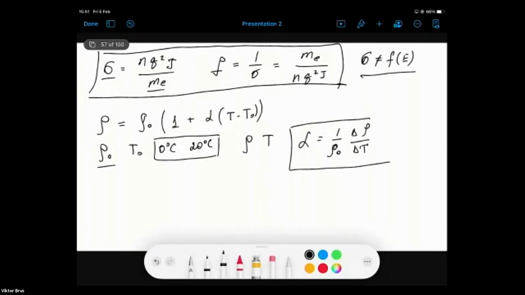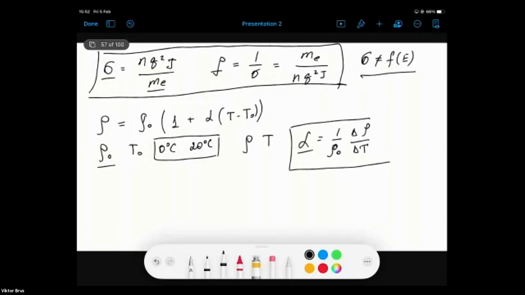Usually it is independent of temperature. If it's just pristine metal, for most metals within a wide temperature range, this temperature coefficient of resistivity is not dependent on temperature. And that's why we get a linearly dependent resistivity as a function of temperature.